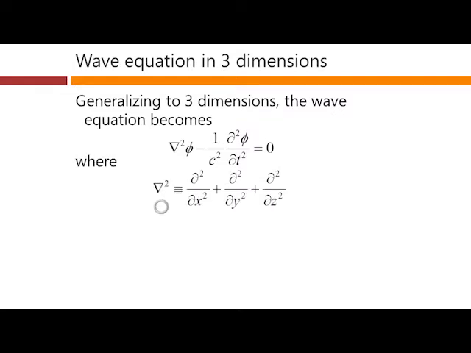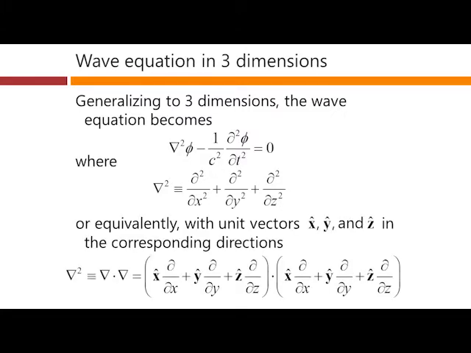And we remember that this del squared operator is the sum of these second derivative operators, partial d2 by dx squared plus partial d2 by dy squared plus partial d2 by dz squared. Or equivalently, we can think of this as almost like a kind of grad squared. It's the gradient operator dot product times the gradient operator.